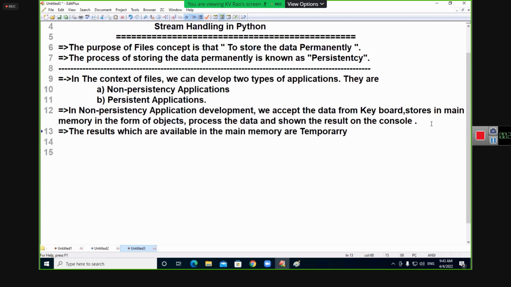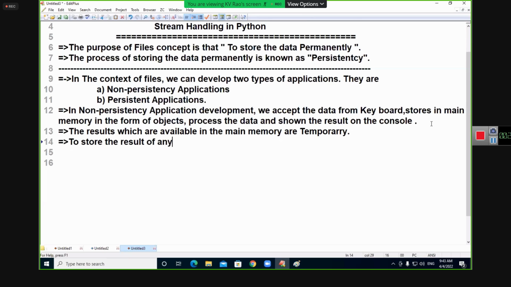As long as power is on, data will be available. Once the power is off, data will be lost. So is the data in a real organization temporary or permanent? Supposed to be permanent, but the results are by default temporary.